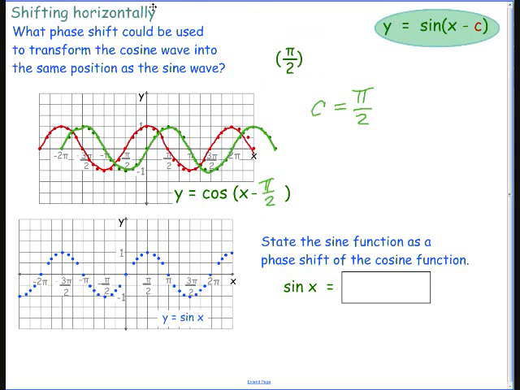And we'll just check that. So you've got this relationship now of sine and cosine. All you have to do is do a phase shift to get them to be identical to one another.